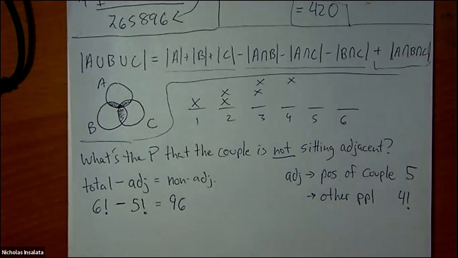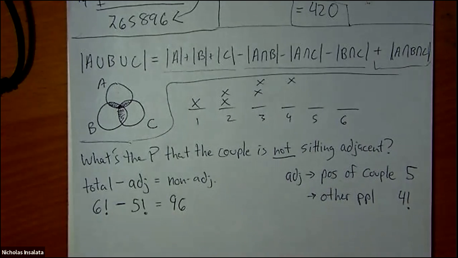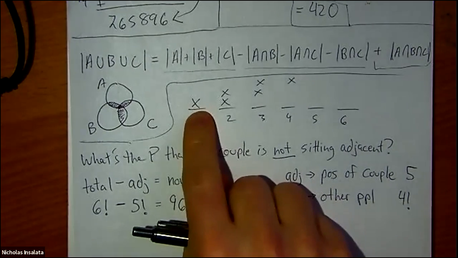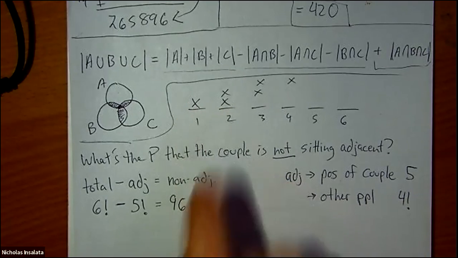Okay, so we're almost there. So we have 96 non-adjacent arrangements. But what I wanted is the probability. Oh, we're doubling it? We could arrange the couple too. Maybe we have partner A here and partner B here, or we could put them the other way.